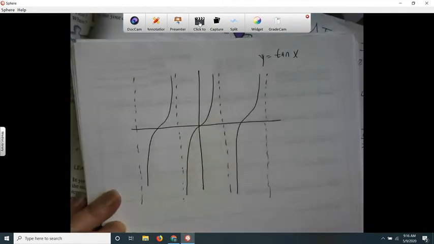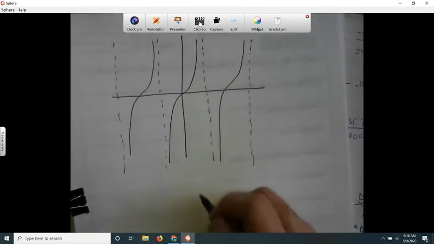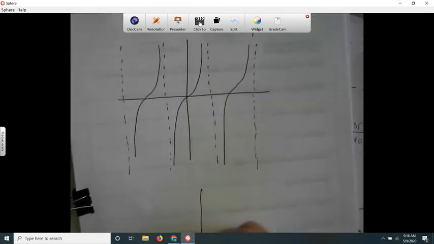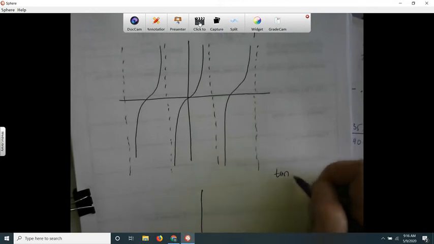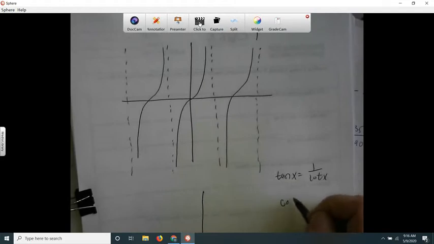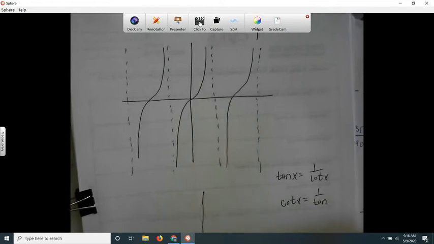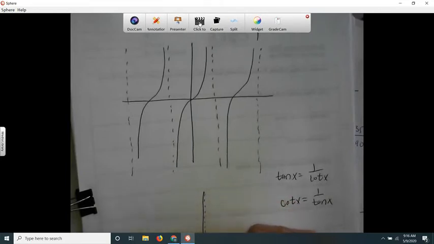So that's tangent, and since I'm running out of time, I'm just going to show you what cotangent looks like, and then I'm going to ask you if you can figure out cotangent. Cotangent is equal to 1 over tangent, and maybe you guys can figure this out, but I'm just going to show you how the graph looks. It looks kind of like a tangent graph.